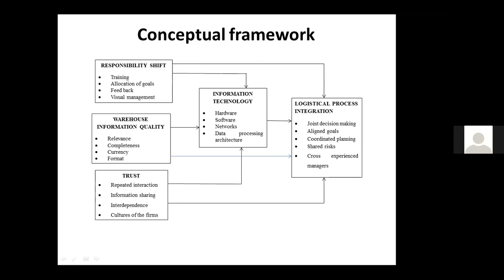For instance, here we have the independent variable, which is actually the predictors. Then we have the mediating variable, and we have the dependent variable. This kind of drawing is done by the researcher, but based on the theories and the empirical studies. That is number one, this kind of drawing.